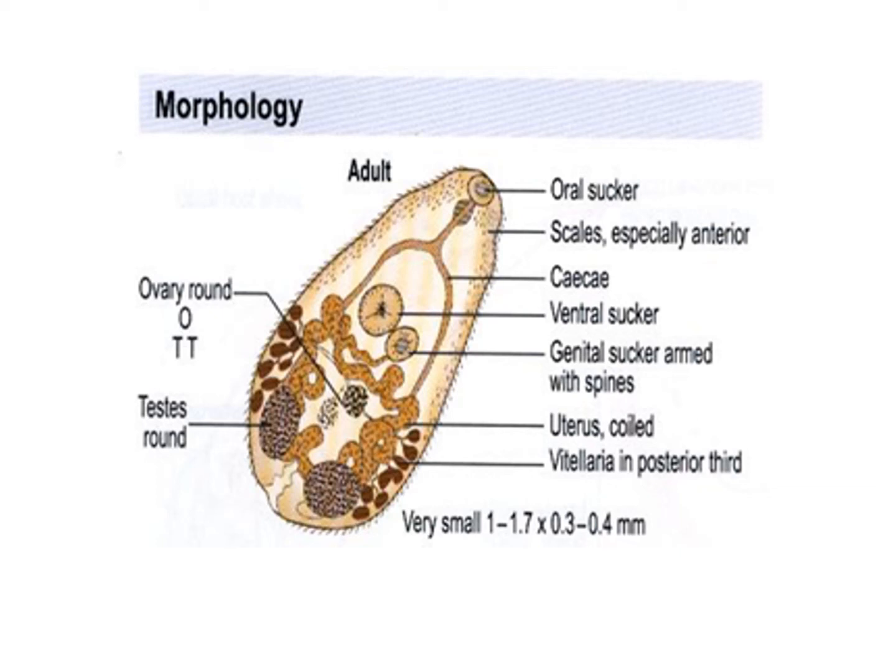Now the uterus, then the vitellaria in the posterior third, the vitelline gland, and the 2 rounded testes and 1 ovary.